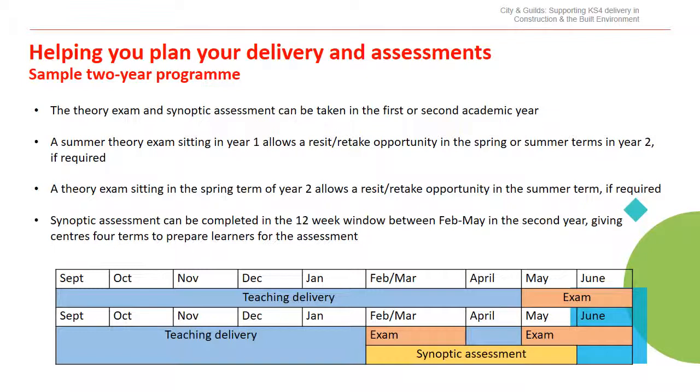Again, the results will come to you in August for the May-June series and in May for the February-March series. I think it's really important at this point to point out that there is only one chance for a resit. So you can take the exam and have one resit. This does not mean there are 3 times you can sit the exam. It's one exam and one resit in those windows. But as you can see, there is complete flexibility with your delivery models over a 2 and even a 3-year programme in some cases.